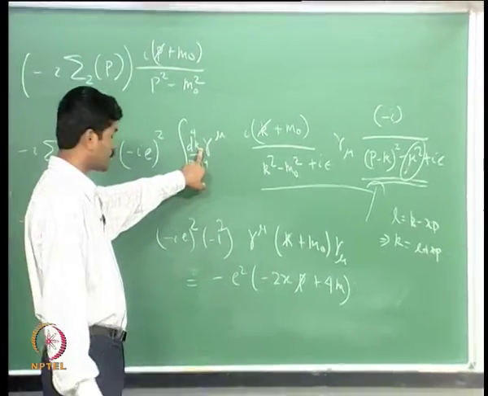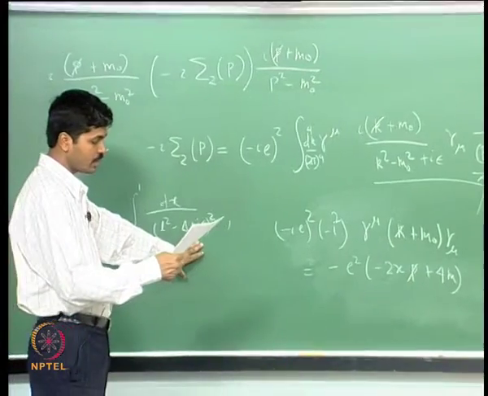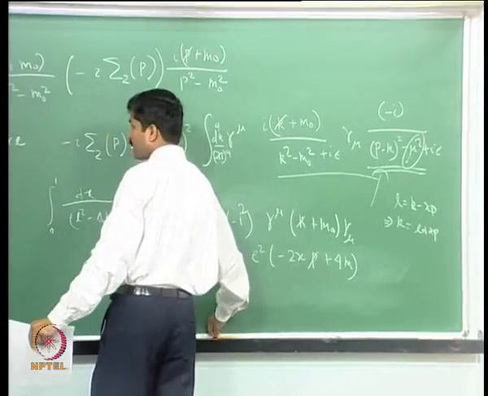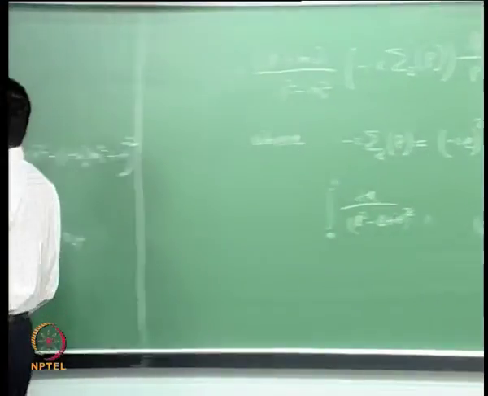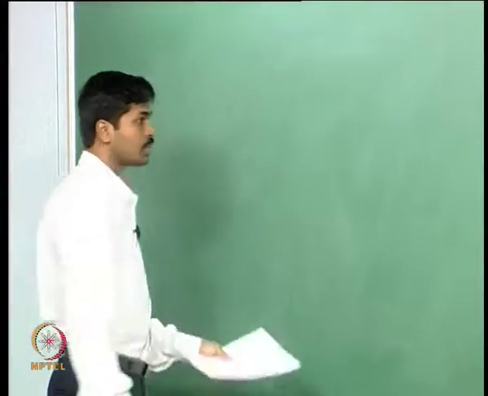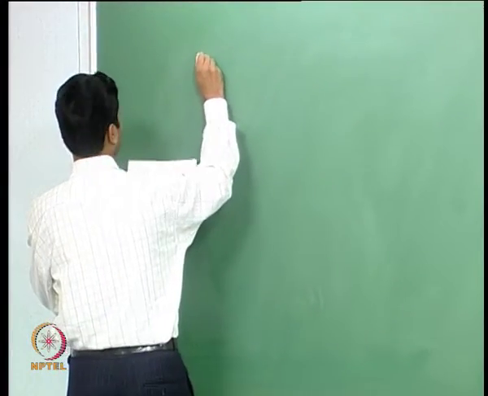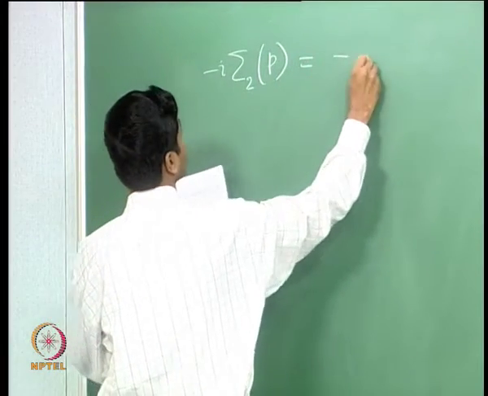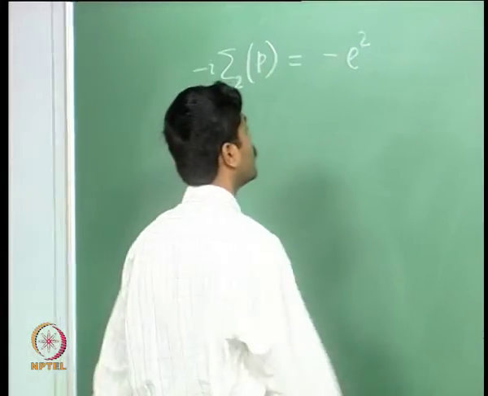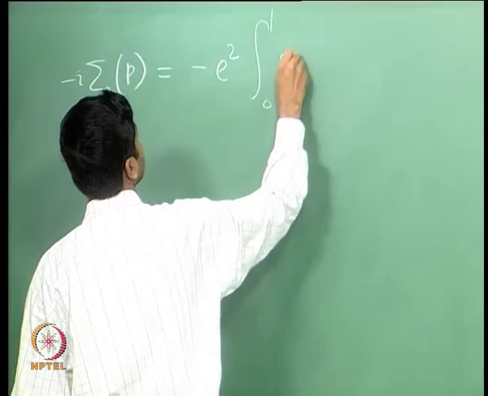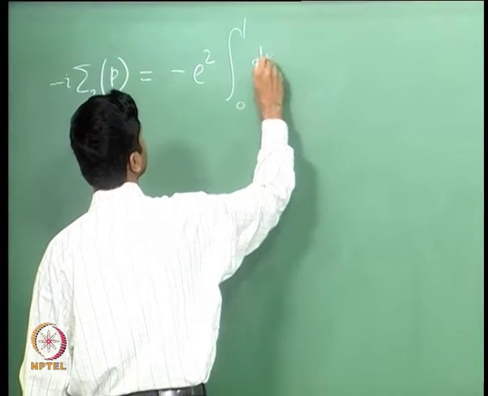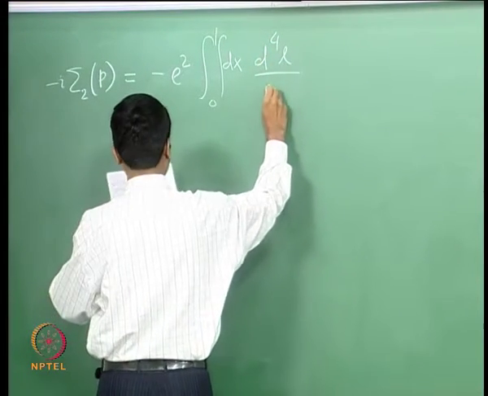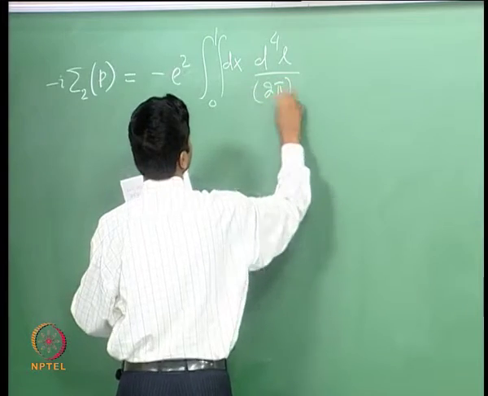Here L should be the integration variable, and this is what we have for the denominator, and at the end of the day when we substitute all these things, what we will get for minus i sigma 2 of p is equal to minus e square, integral 0 to 1 dx, and then also integration over d4L divided by (2 pi) to the power 4.